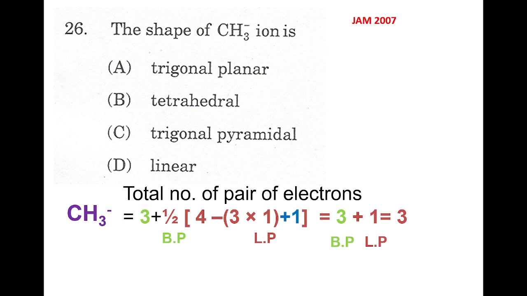So 3 bond pair, 1 lone pair. The shape will be trigonal pyramidal. The answer is C. So by using the table and the calculation of bond pair and lone pair of electrons, you can predict the shape of all types of molecules.